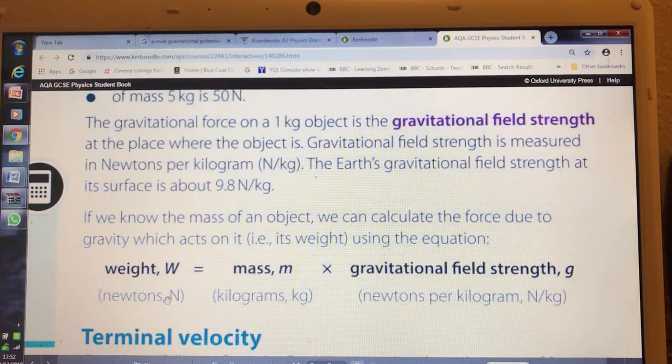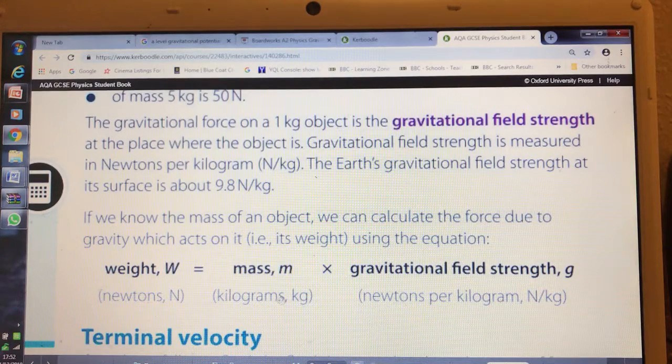Now, for those of you who are interested in understanding a little more about the gravitational field strength, it is not going to be 9.81 newtons per kilogram anywhere in the universe. It all depends on where you are.